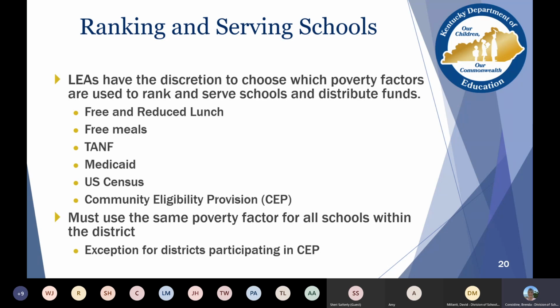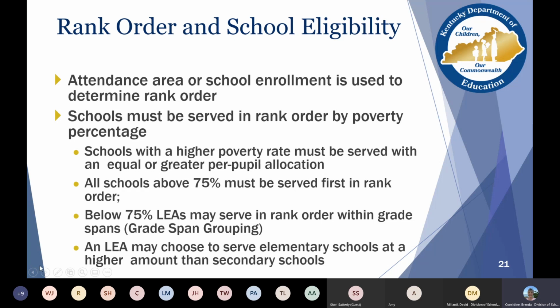At that point, you could use CEP for the schools that are participating in the community eligibility provision, and for the schools that are not, you could use free and reduced lunch or a different poverty factor. Attendance area or school enrollment is used to determine rank order, and I would say the majority of districts use school enrollment as their numbers to pull.